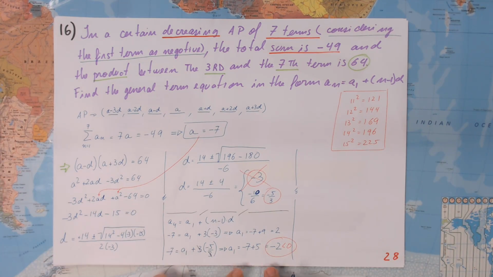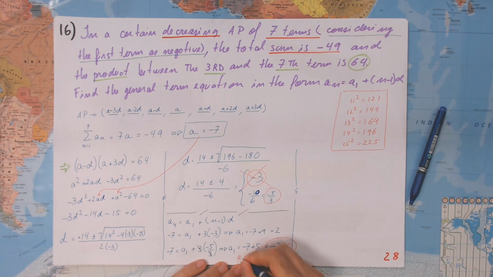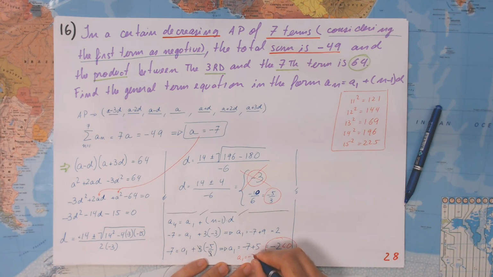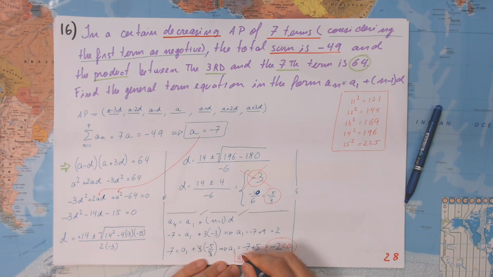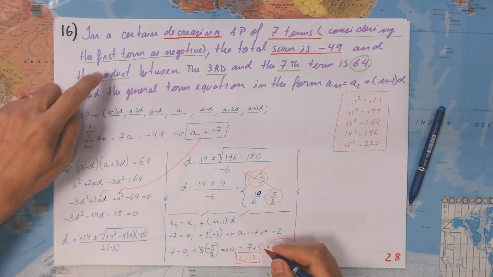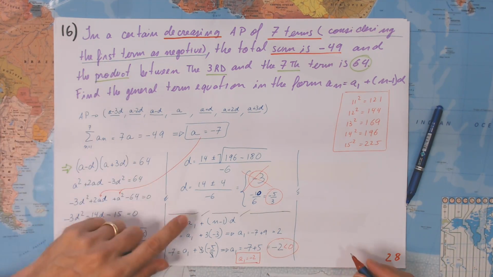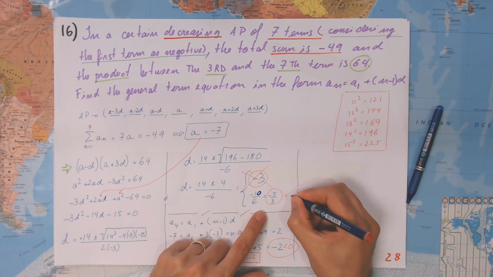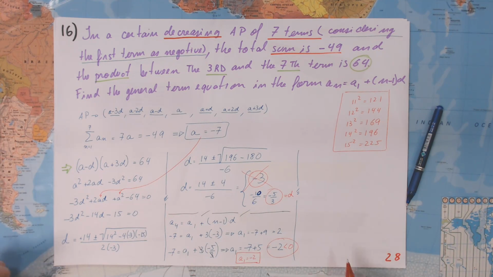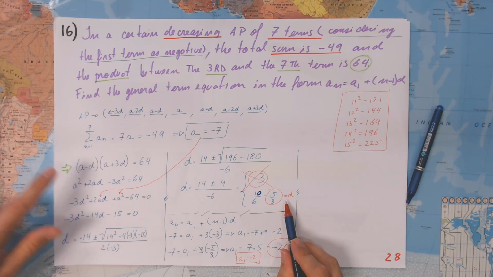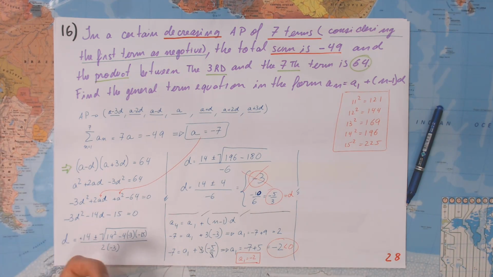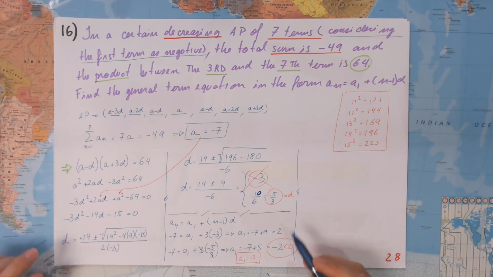We are going to have a1, so let's put it in here. So our a1 is going to be minus 2, and it agrees with what is being given to us. Our d, this is going to be our d, our common difference. What else? Well, everything is set, right? We have the d, a1.